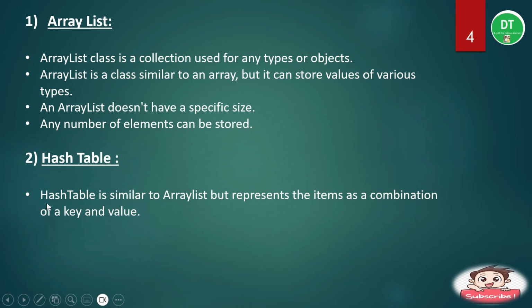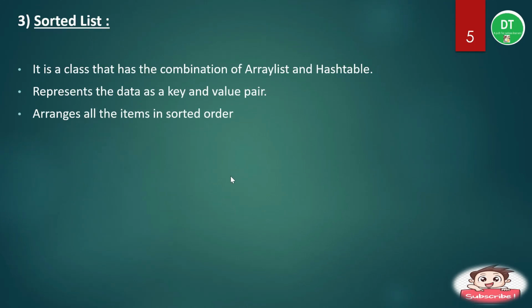Hashtable. Hashtable is similar to ArrayList but represents the items as a combination of key and value. After Hashtable, the third one is SortedList. It is a class that combines ArrayList and Hashtable. It represents the data as key and value pairs and arranges all the items in sorted order.